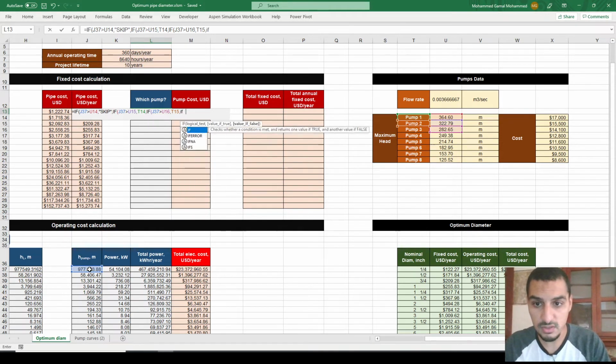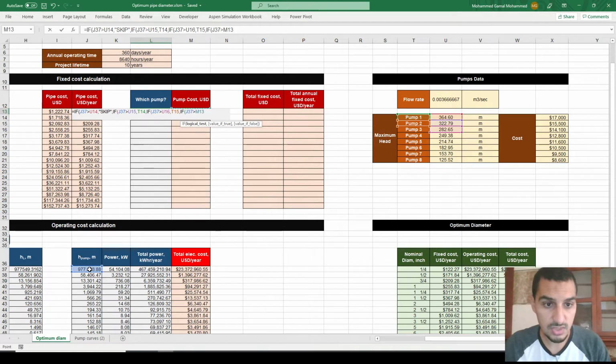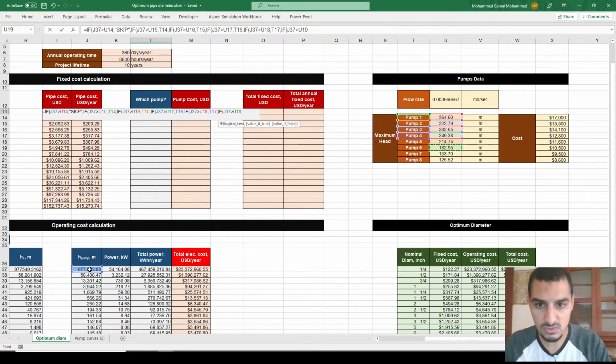And then another if condition. If this is larger than the fourth head, then we will go for the third pump. And another if condition. I know it's kind of a tedious and boring thing, but you have to do this just once, and it's gonna do everything for you later. I know it's not the most fun thing to do. So if this is larger than this, we're getting close, so just bear with me.